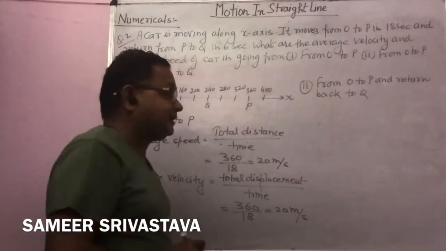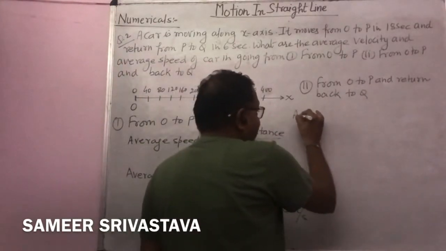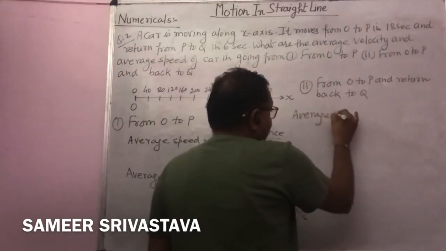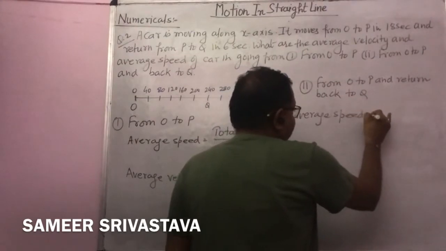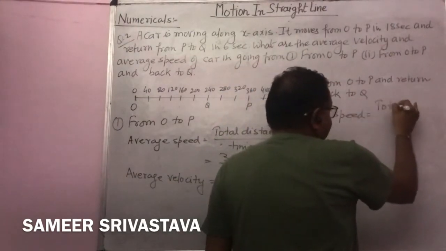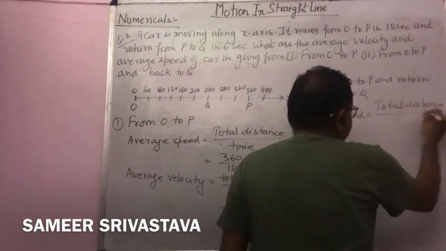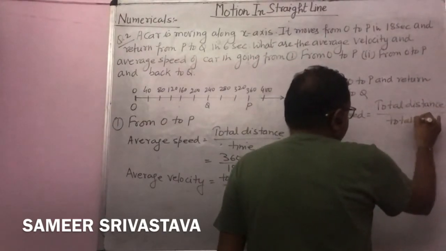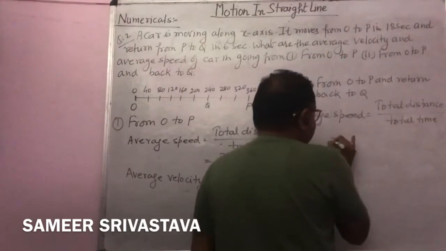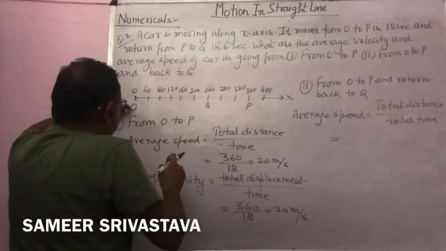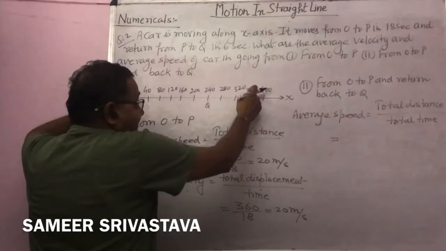Now in this condition, if we find the average speed, so average speed we have to find, that is total distance covered upon total time taken. So how much distance does it cover? Initially the car moves from O to P, that is 360.